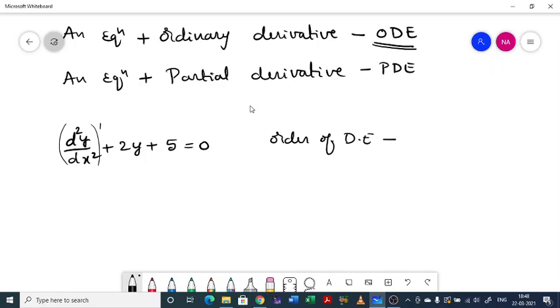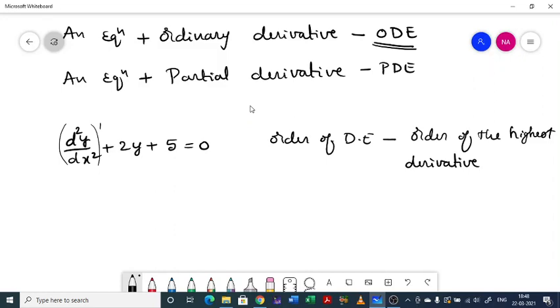Here you have a second order derivative. So the order of the highest derivative term present in the differential equation is called the order of that differential equation.